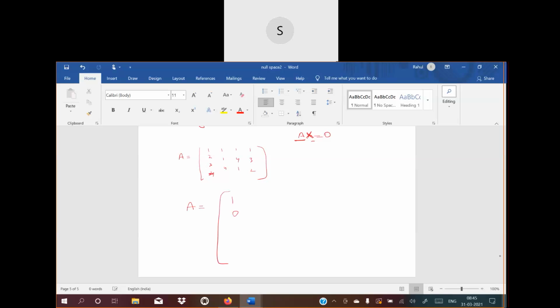1, 0, 0, 0. 2, 0, 0, 0. 0, 0, 0, 0. 0, 1, 0, 0. 2, 3, 0, 0. 3, 4, 0, 0. 0, 0.